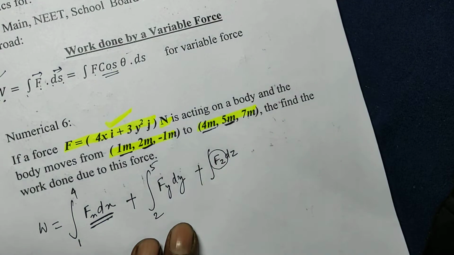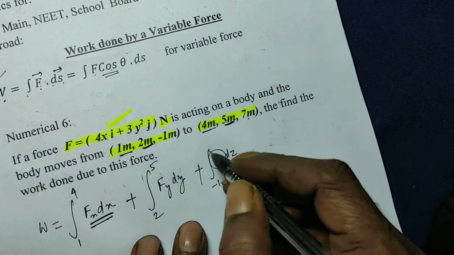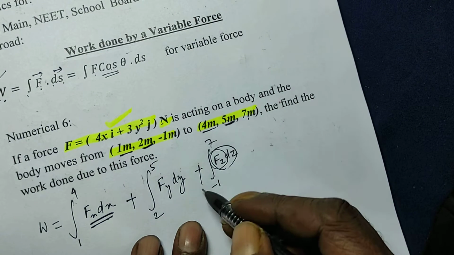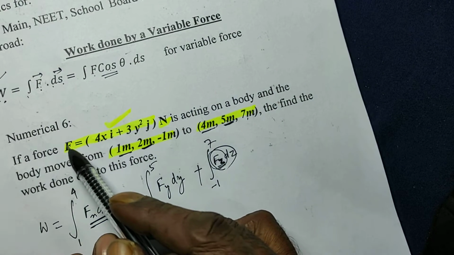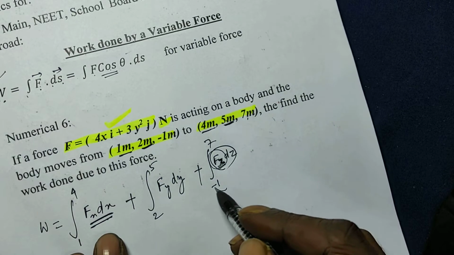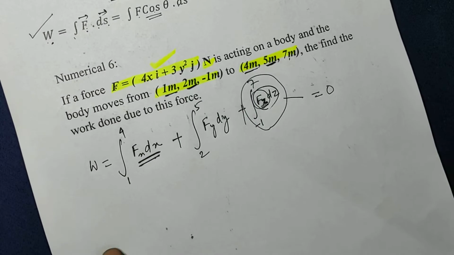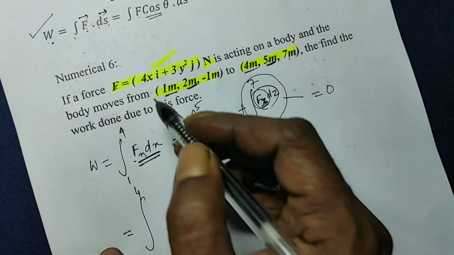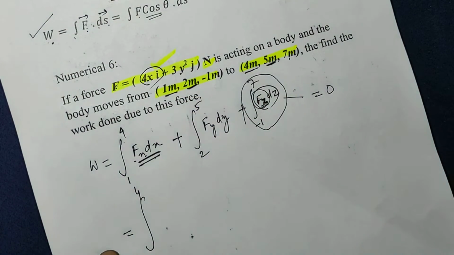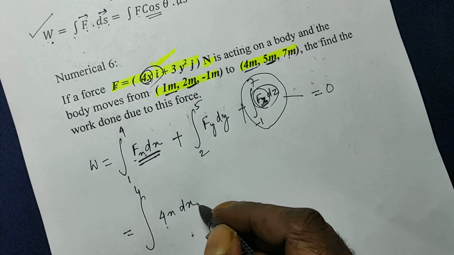Even if there is a limit from -1 to 7, this part will be 0 because there is no component of this force along the z-axis. So this part becomes equal to 0. So from 1 to 4, Fx is equal to 4x, so 4x dx.